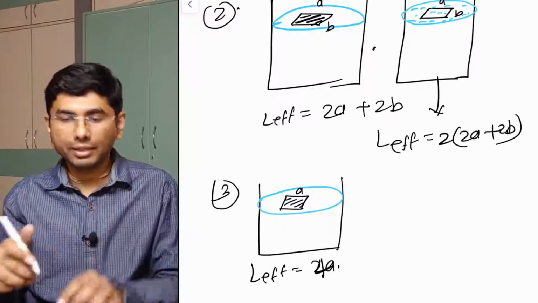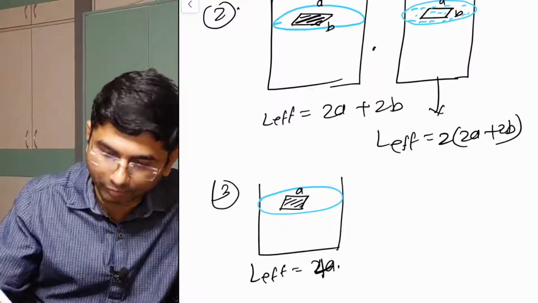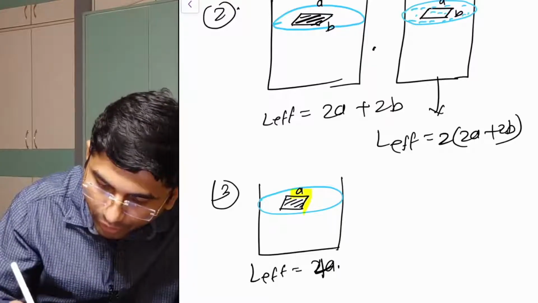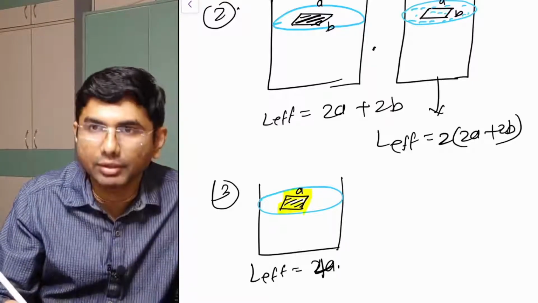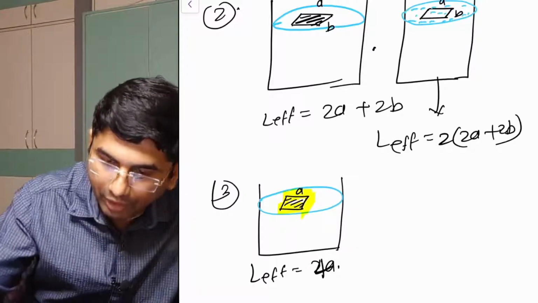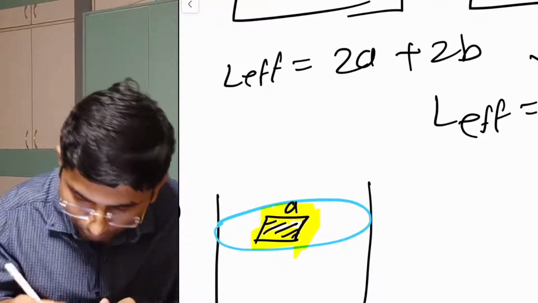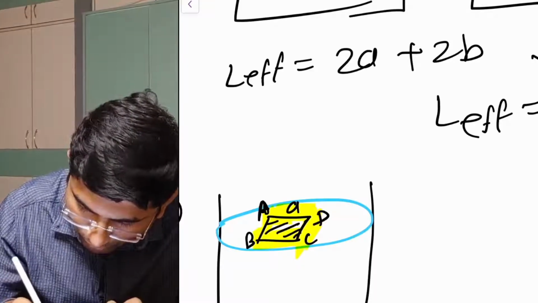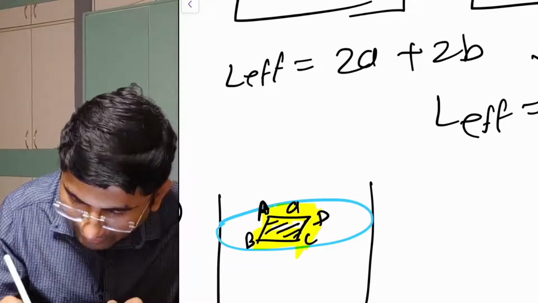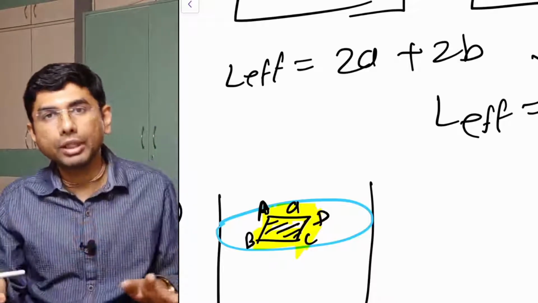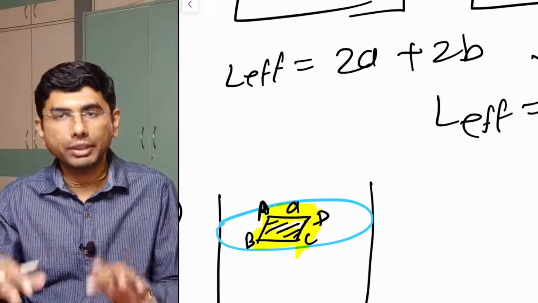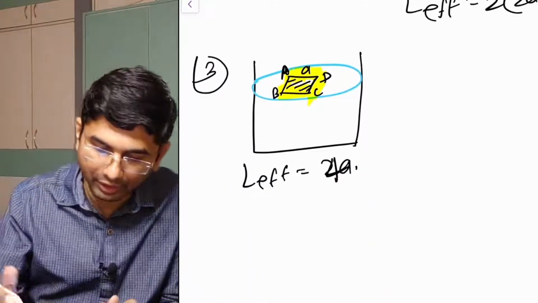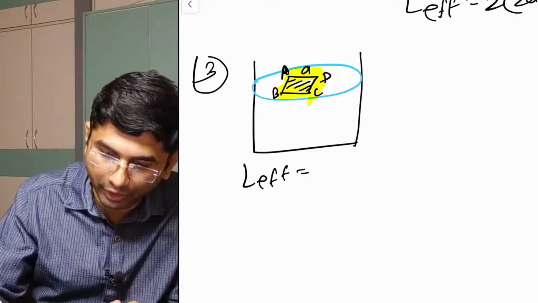Wherever the area where the water is in contact, that length we have to consider. I just mark it here as ABCD. The lengths AB, BC, CD and DA, these 4 lengths are in contact with the liquid, and that's why the effective length will be 4A.